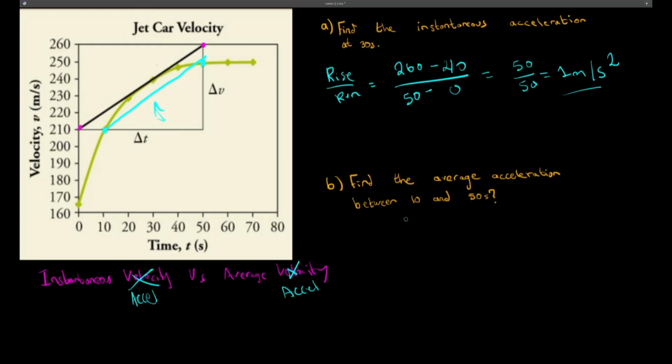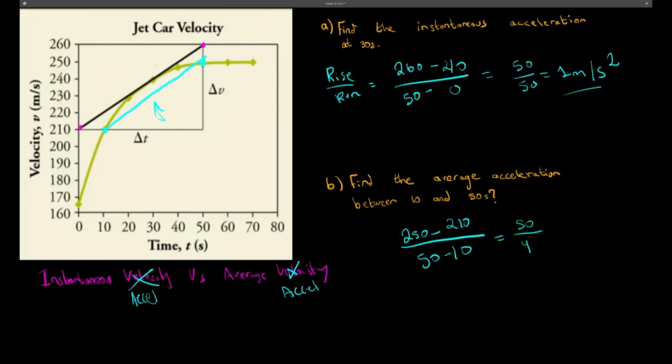So again, same exact thing, rise over run. So 250 over 210, and then 50 minus 10. 50 minus 10. That'll give us 50 over 40.